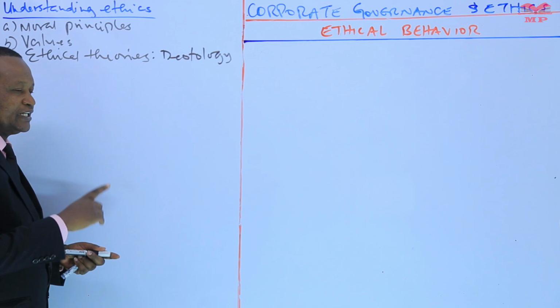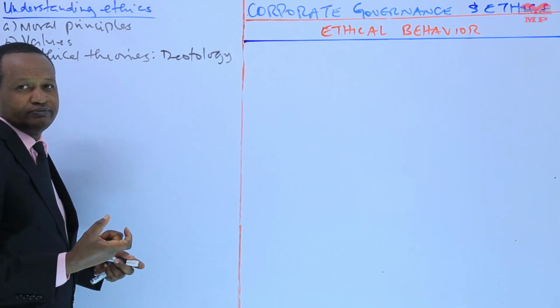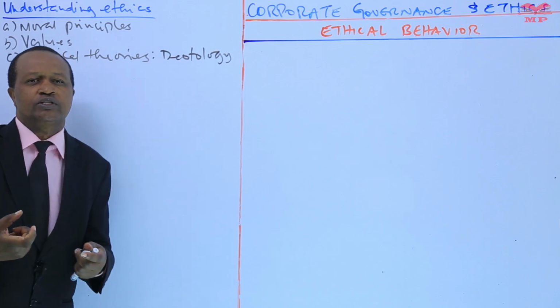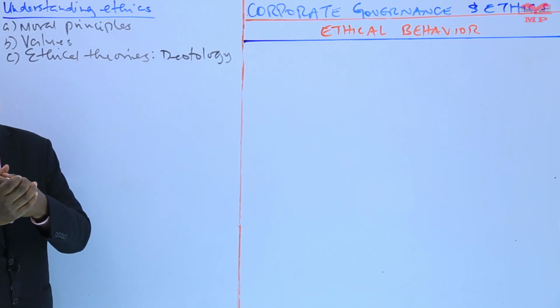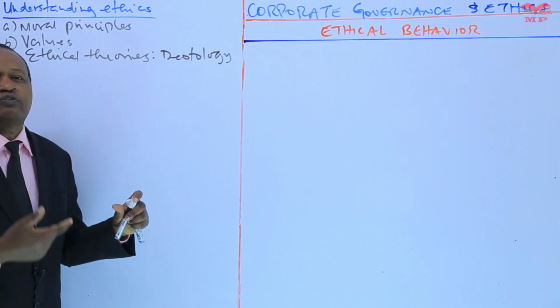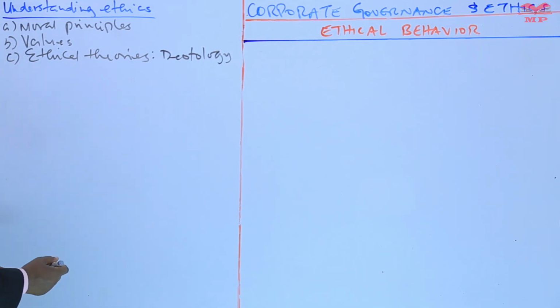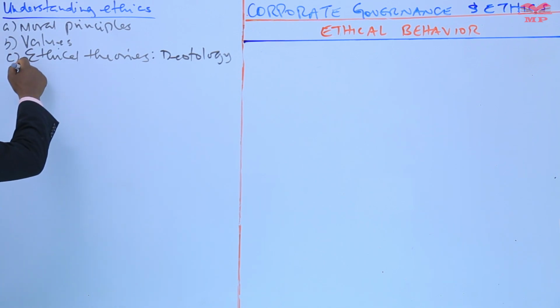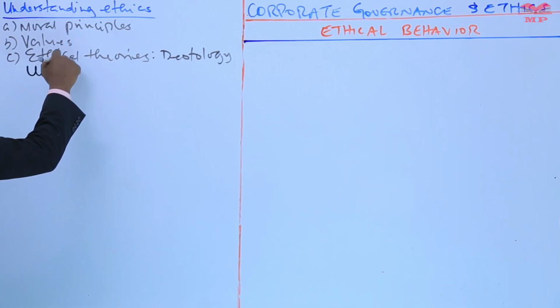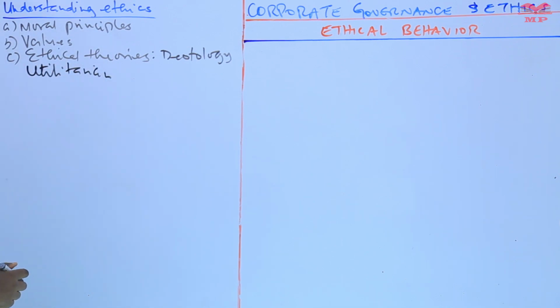Deontology theory emphasizes that individuals should pursue what is right. Individuals should perform their duties regardless of consequences. Then we have utilitarian theories.